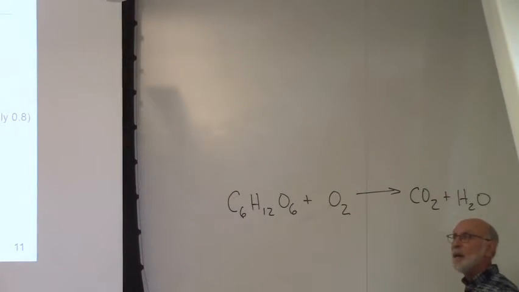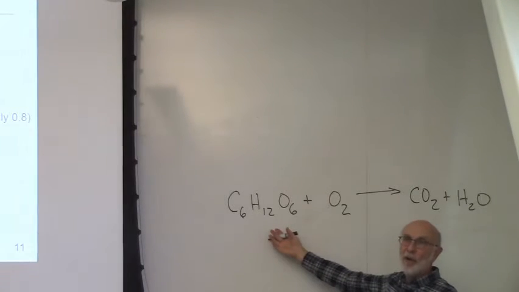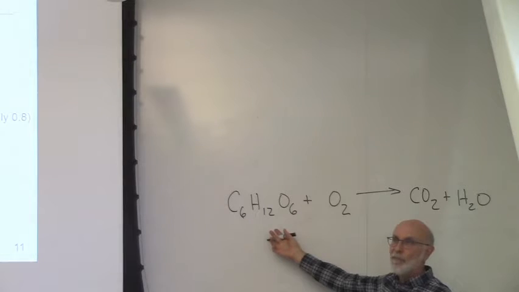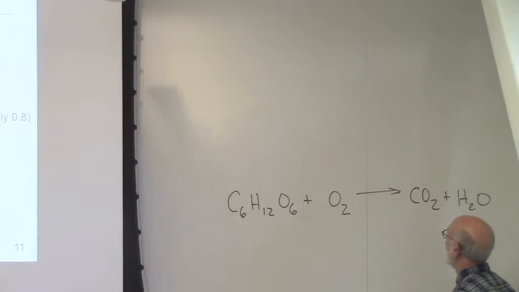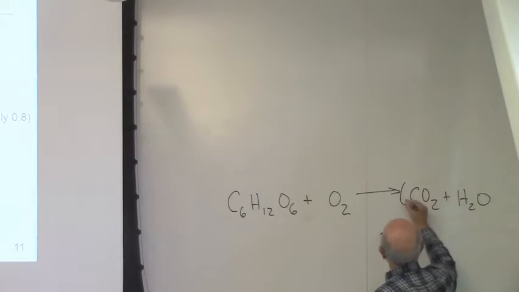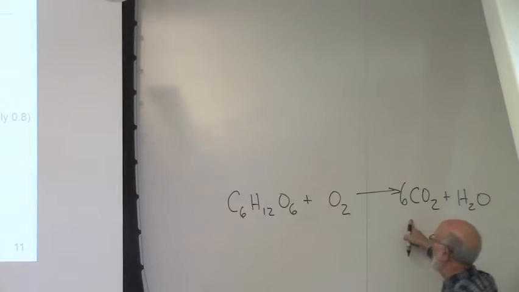That's complete combustion, complete metabolism of a simple carbohydrate, glucose. Now we have to put in some numbers. We have 6 CO2s coming out because we have 6 carbons, so that one's easy.